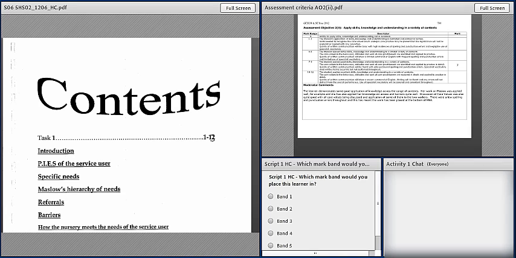So what I would suggest is that you look at the script first and see if you agree with the mark. There is a poll that actually asks you to award a mark, but because the assessment criteria comments are up, you're going to see the mark anyway, so we won't worry about the poll.